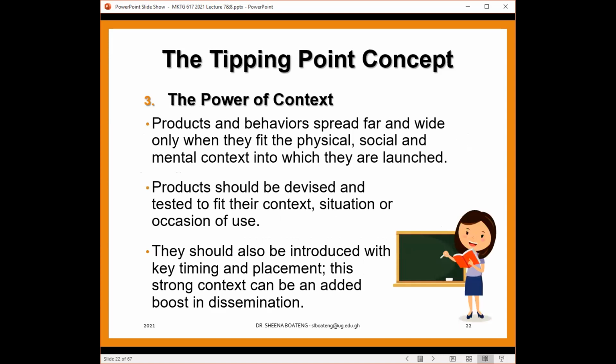Next, we can talk about the power of context. And here it is all about understanding the fact that products and behavior spread far and wide only when they fit the physical, social, and mental context in which they are launched. So if you are trying to launch a particular product or service, you need to create a context online in which the customer can experience the product or service as they would have if they were consuming it in an offline context.